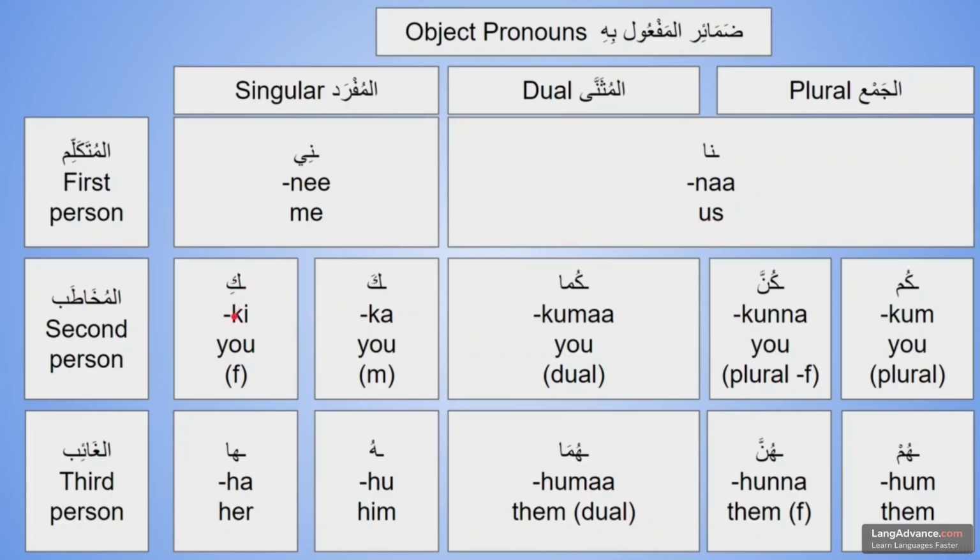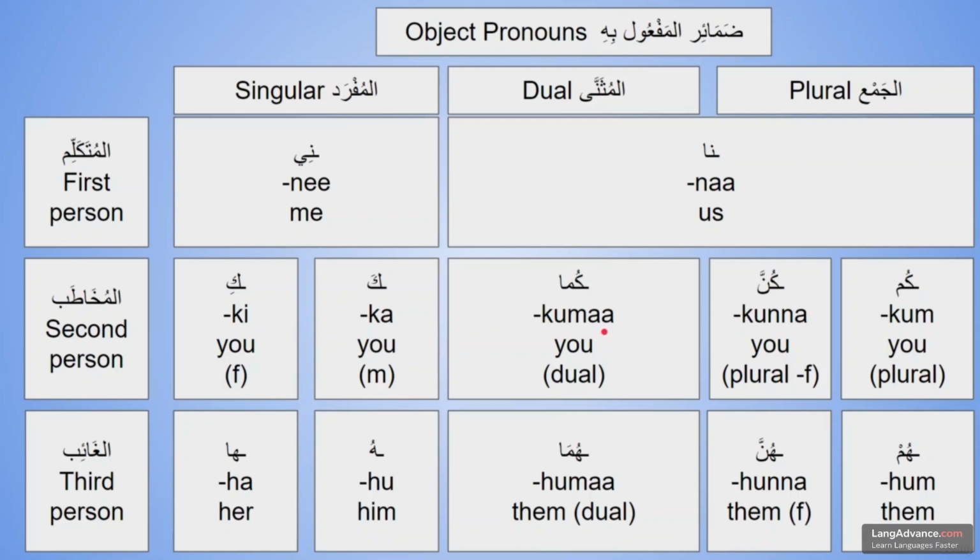If you want to say he met you, speaking to a female, it is قابلك. He met you, female. And then he met you, male, it's قابلك. So K here is the object pronoun for male, second person. And for second person with a dual form, like he met you two, it's قابلكما.